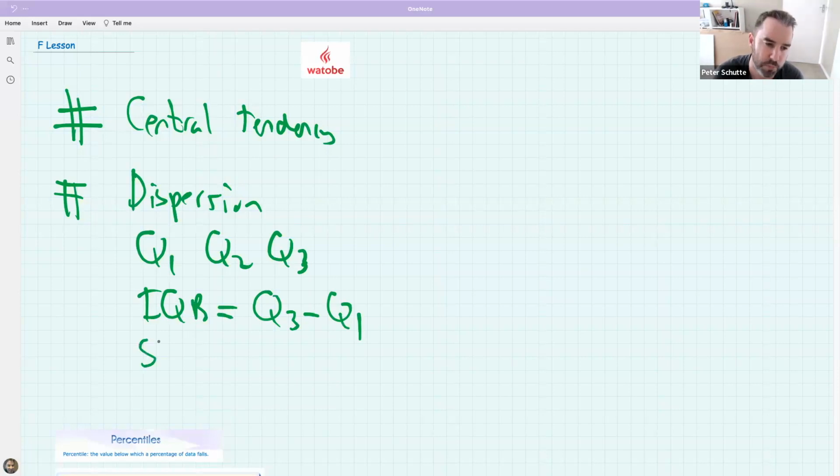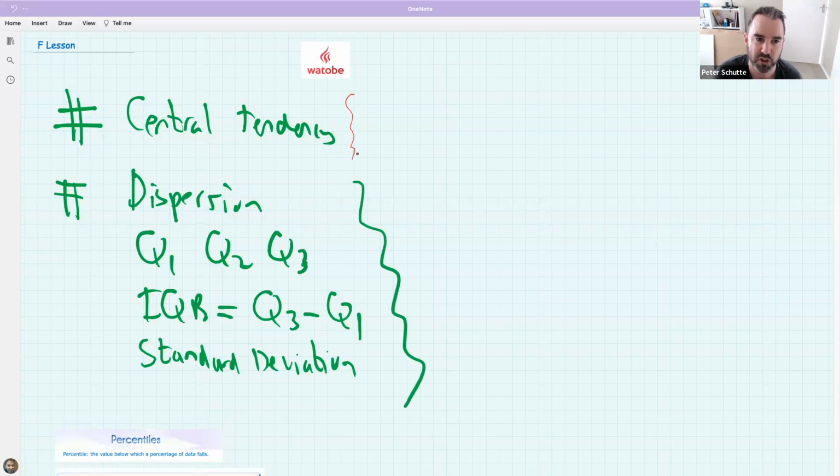And we also spoke about something called the standard deviation. So in the last lesson, it was more around this. In the very first lesson, it was about central tendency, which was the mean, the mode, and the median.